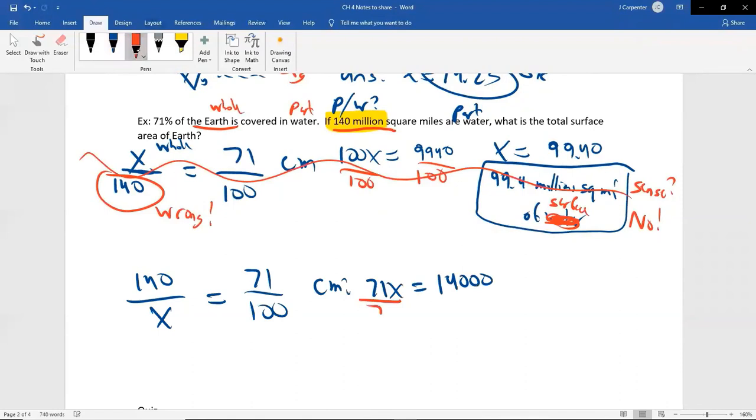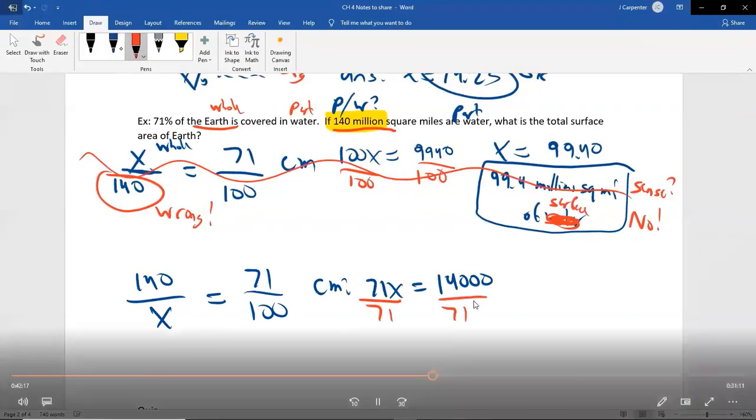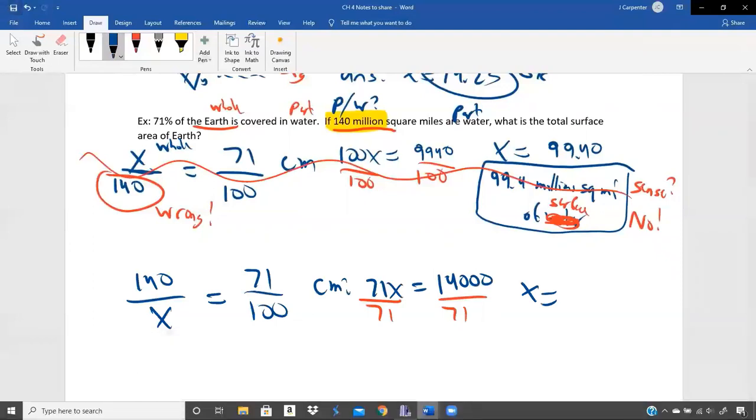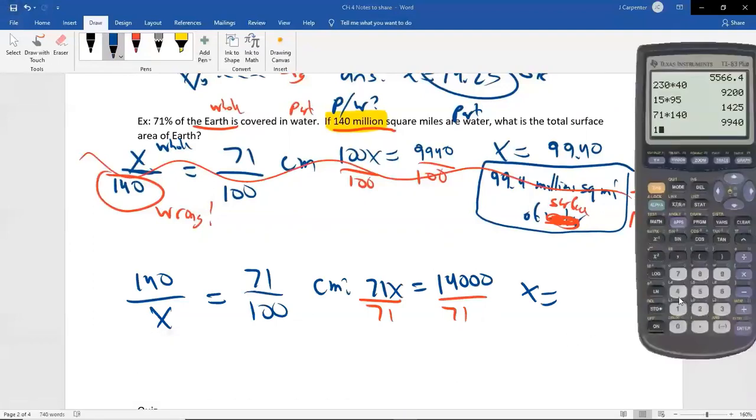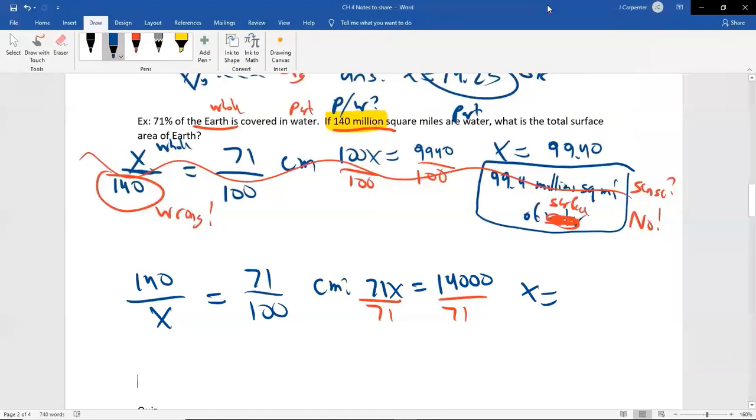We divide both sides by 71. And that tells us that x is equal to 14000 divided by 71. And there we go, 197.13, blah, blah, blah. Let's just round to 2 decimal places, 197.18.